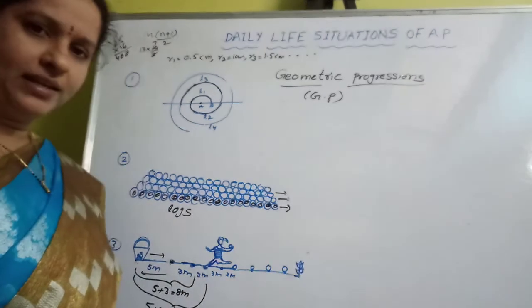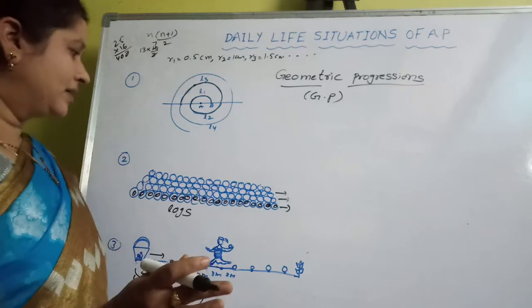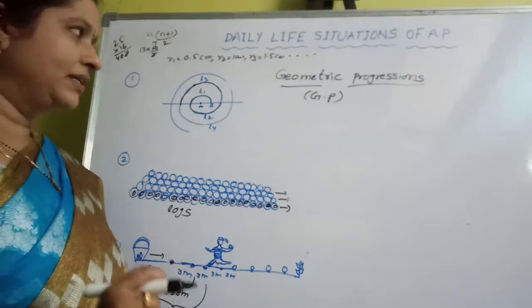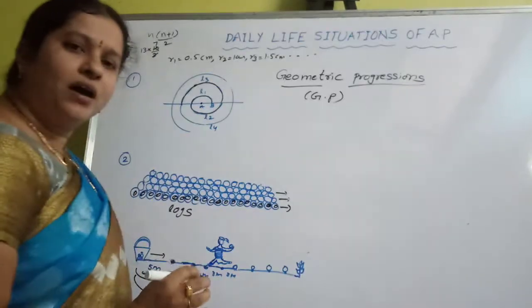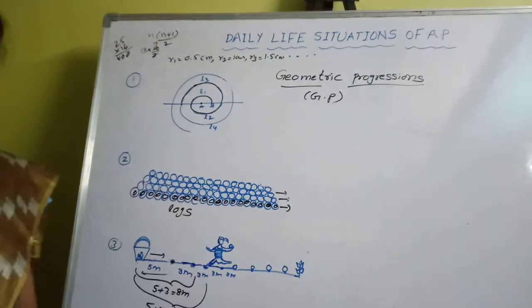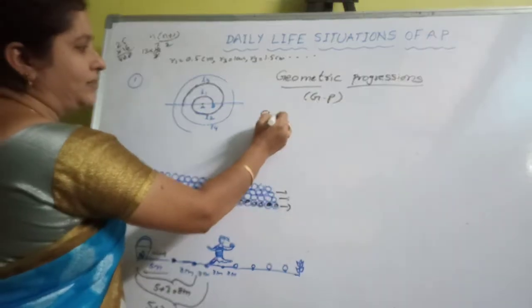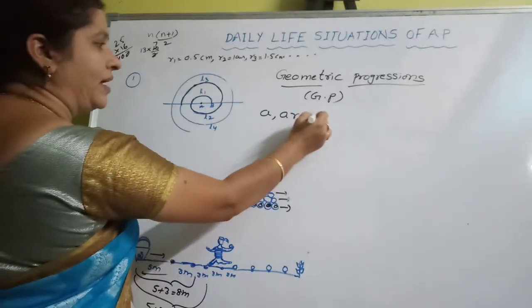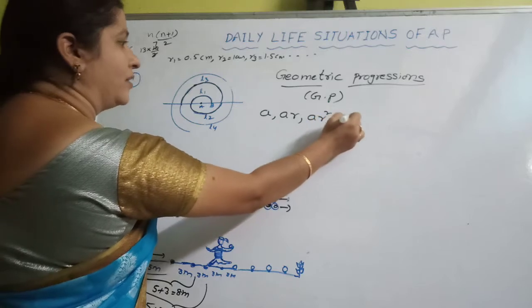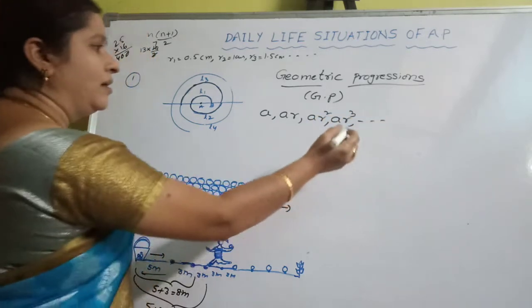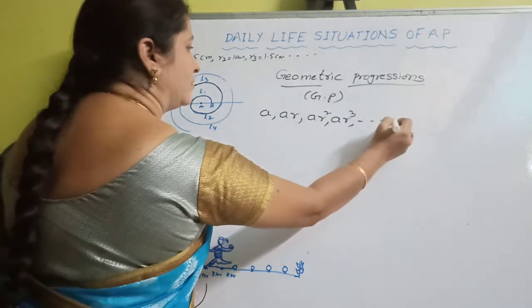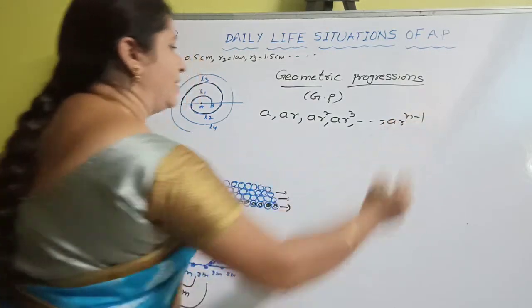So how is the series? Already we learned about the AP series. This is also the same. What is the general form of geometric progression? So the series is a, ar, ar square, ar cube, etc., ar power n minus 1.